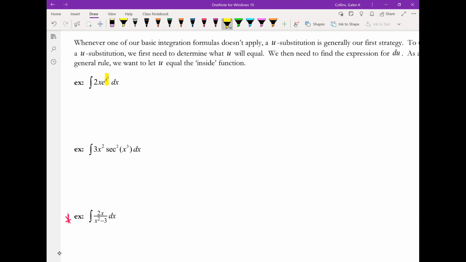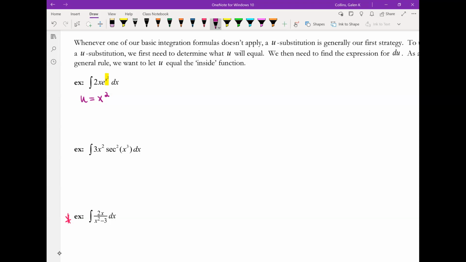It's e to the power of something, so it's an exponential function with a base of e, where that something is a function of x. So I'm going to let U be x squared.